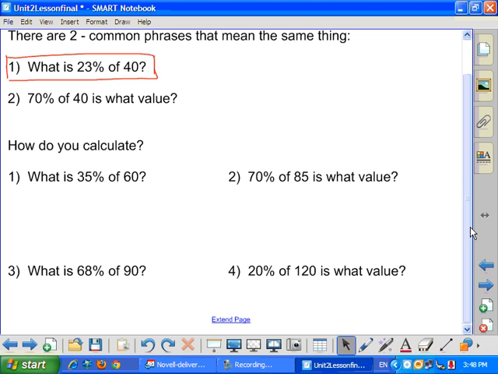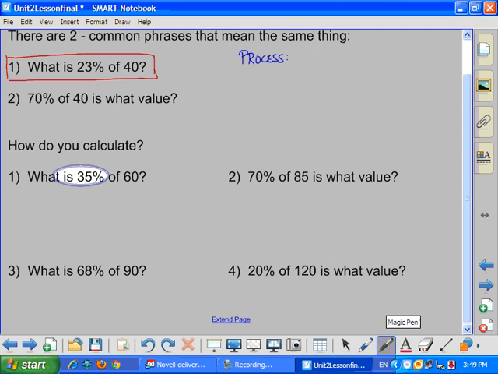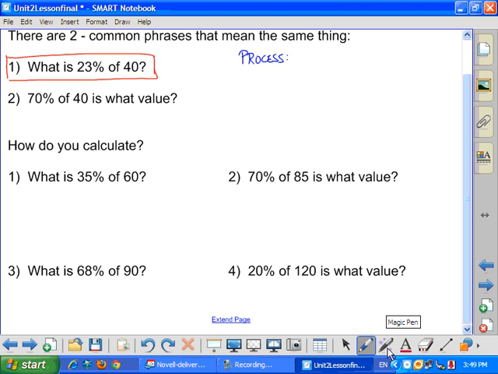So the process, and I'm going to put it up here for your note. Our process. What is 35% of 60? I'm down on the first example here. Step 1, we convert the percent to decimal.